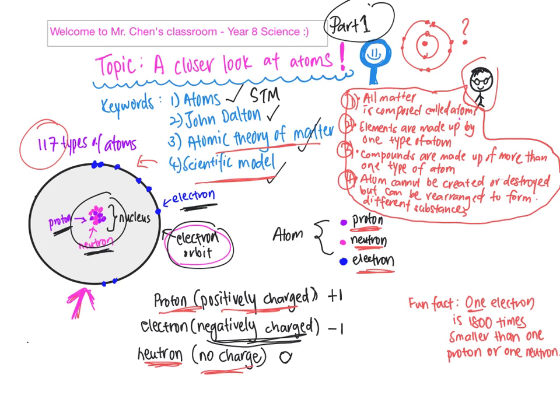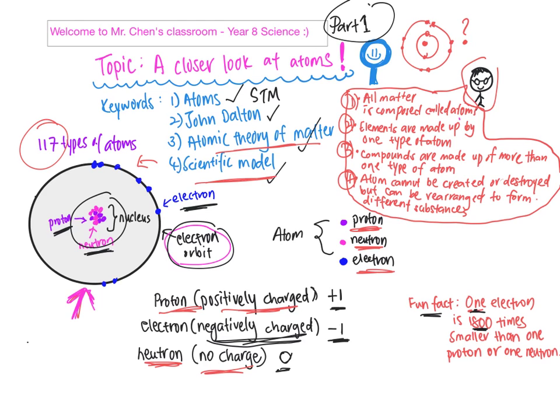An electron has a charge of -1, while a proton has +1, and a neutron just has 0. And one fun fact that is quite good to know is that each electron is about 1,800 times smaller than a proton. It's ridiculously small.